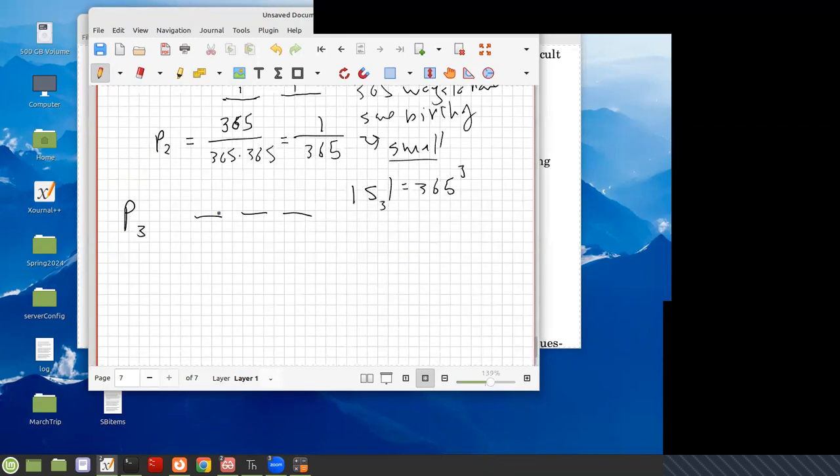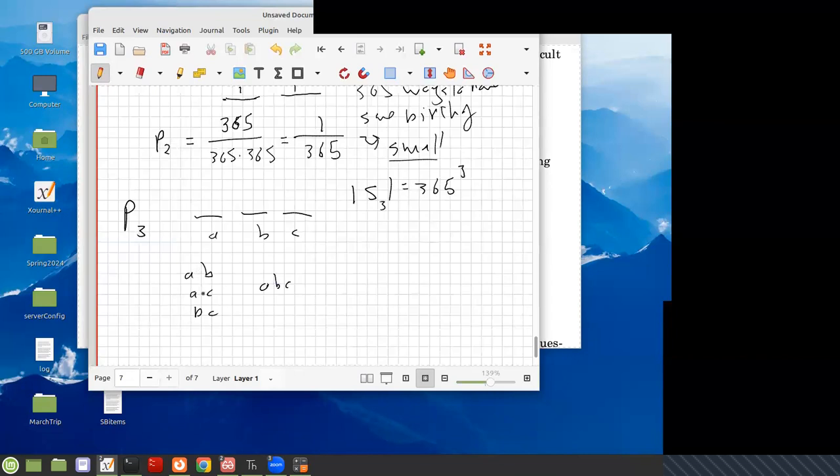You can sort of see how it's beginning to be more complicated, because there's 3 people, and there's first the ways that 2 people have the same birthday, right? For example, if I have 3 people, A, B, and C, it could be that A and B have the same birthday, A and C, and then B and C. This is only for 2. Then the 3 of them could be A, B, C, right? So they could all have the same birthday.